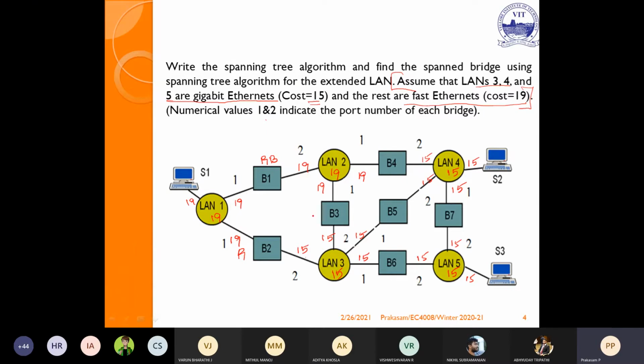Next, B3. From B3 to B1, I can go in this direction, or I can go in this direction. What is the cost here? Let us consider this is path 1 and this is path 2. Here 19 plus 19, 38. Here 15, 15, 19, 19, 68.